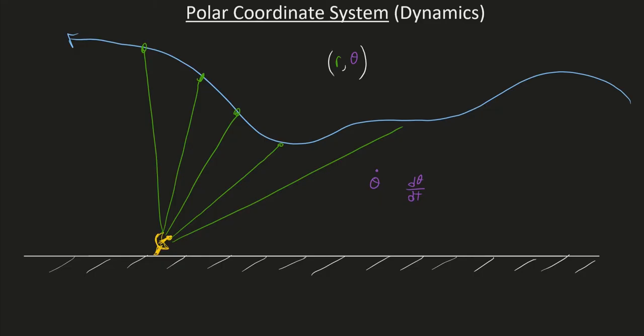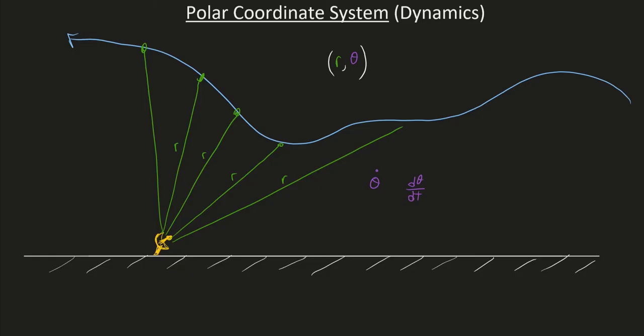And we're not measuring the travel of an object with x and y coordinates, but instead r and theta, in which r is going to be the length of these lines. As you can see, as this particle travels here, r is decreasing, and then it starts to increase again. And also we're tracking this thing with theta.